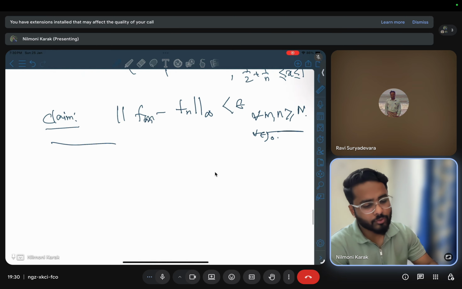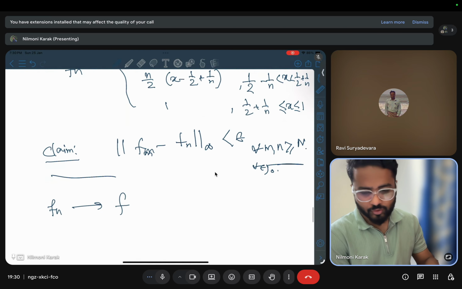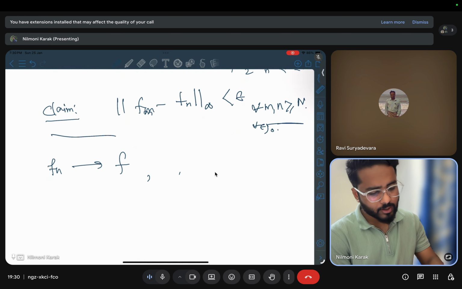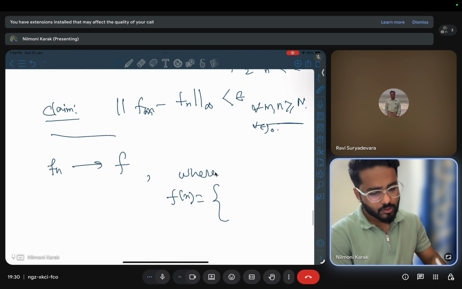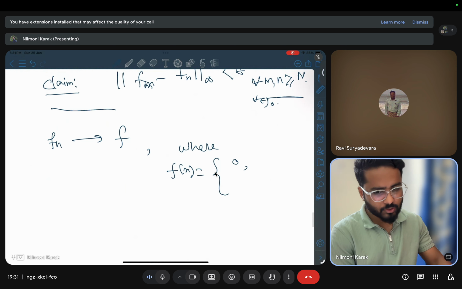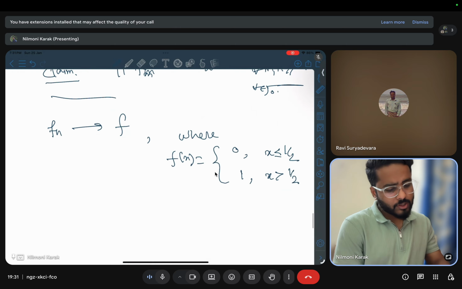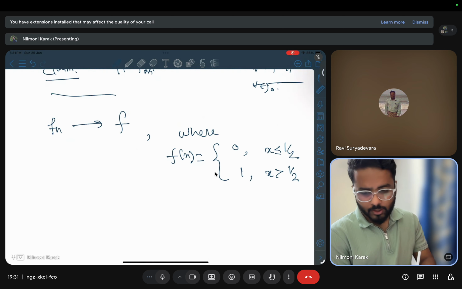So this Fn converges to f actually, where f(x) is 0 when x ≤ 1/2, and 1 when x > 1/2. This is not continuous.